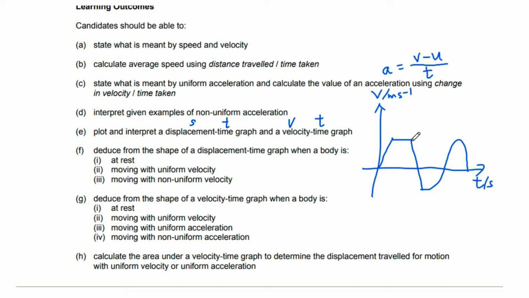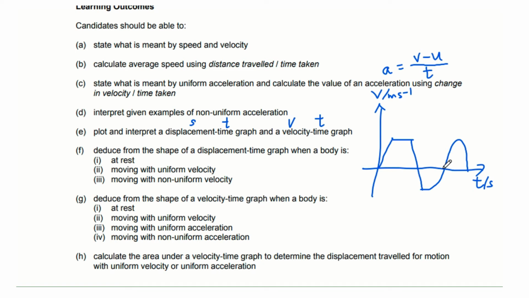Then velocity decreases, right? What can I say about this? Well, I can say that the object is decelerating uniformly, because it is a straight line. Then I have a curve here. What does a curve suggest? Well, a curve tells us the acceleration.